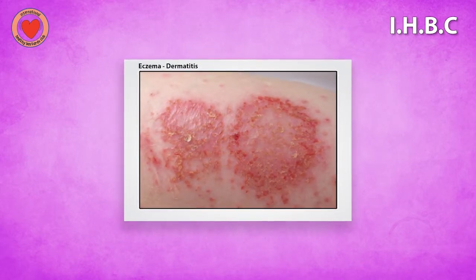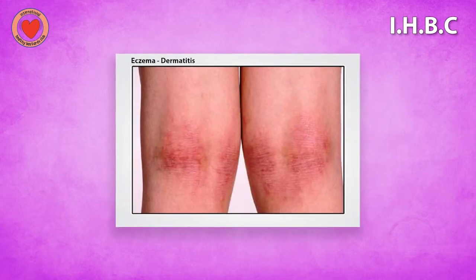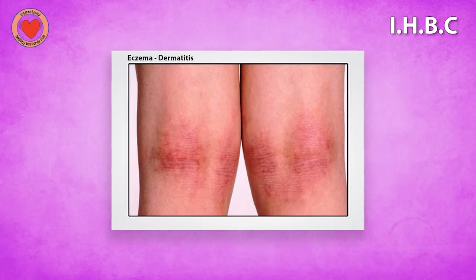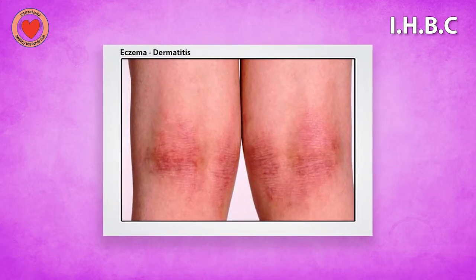It's really a collection of symptoms, and if you have this sort of red rash here, it's almost certainly an eczema rash. That's the easy bit. So if you get a red irritated patch on your skin like that and your doctor tells you it's eczema, because it may be something else like a fungal infection or a skin infection, but if your doctor tells you it's eczema, then that's the easy bit.